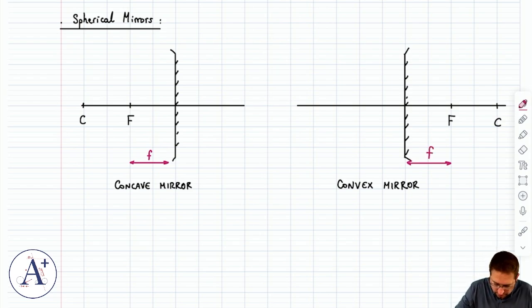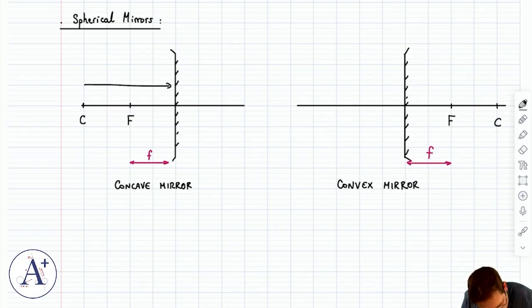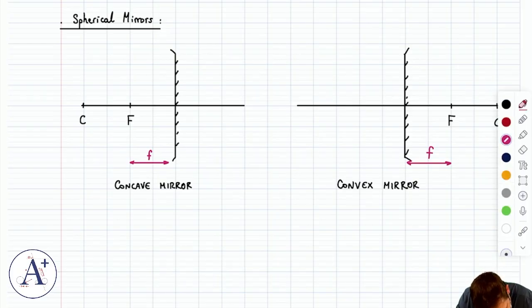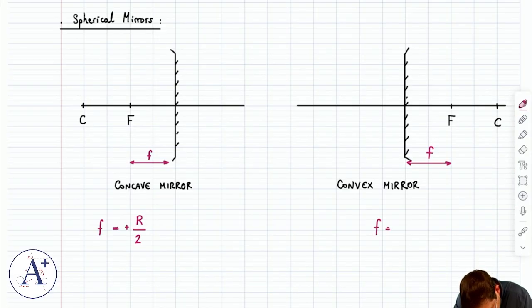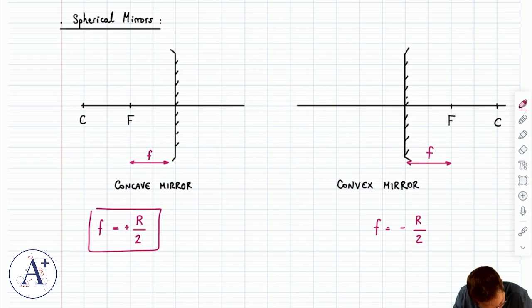And because the distance from the center to the mirror is 1 radius, because it's a spherical mirror, we know that F is going to be half the radius. Now it's going to be plus r over 2 if you have a concave mirror. It is going to be minus r over 2 if you have a convex mirror.